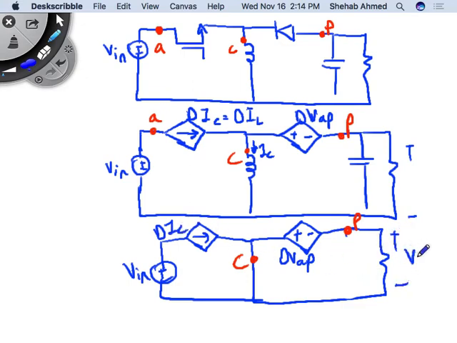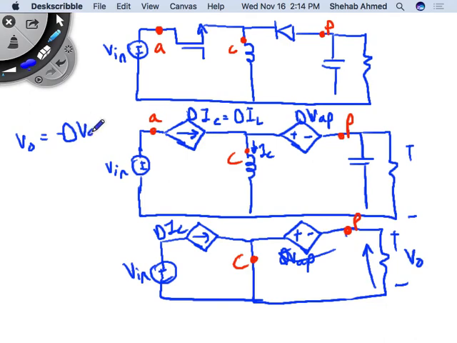This is my V output. So what does V output equal? Exactly. No. This is a short circuit. So if you take this loop, this voltage plus this voltage is equal to 0. So V output is equal to minus D times VAP, right?